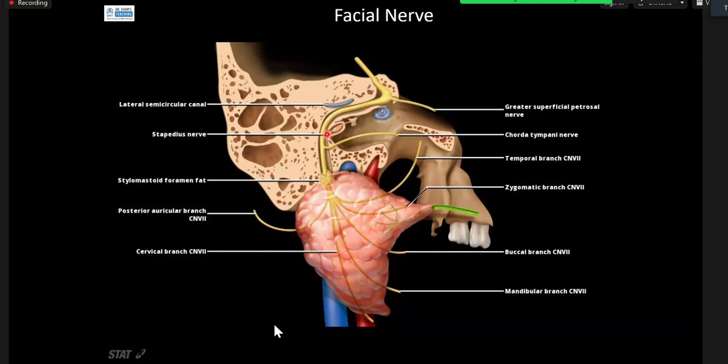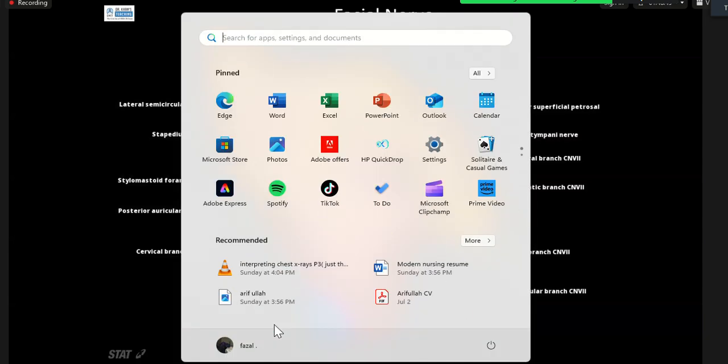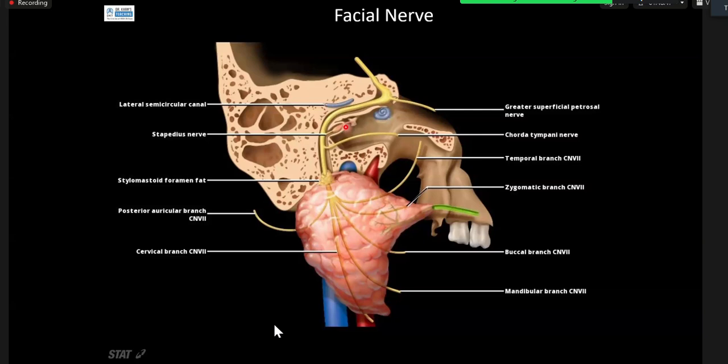Another branch which is highlighted here, which you should know, is on the descending portion. There is a muscle here, which is the stapedius muscle. There is a branch here which supplies it. And remember the case one which we showed was an aberrant, persistent stapedial artery, which was supplying this part.